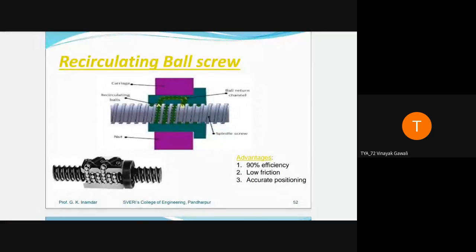Due to friction, energy will be lost, but because ball bearings and ball screws are used, we get 90% efficiency using this type of screws. Low friction, very little friction, because steel balls are available.